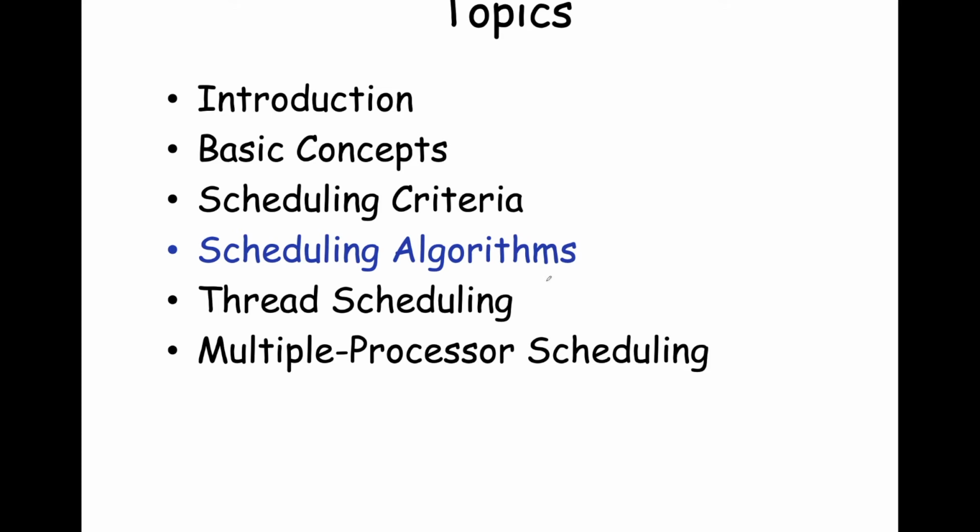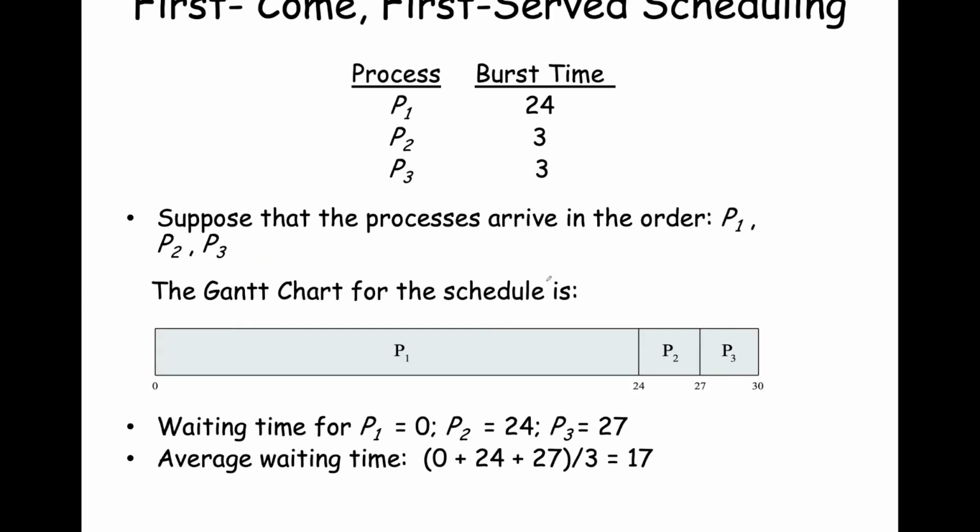So let's look at some of these algorithms. We'll start with a simple one, first come, first served, or FCFS. With first come, first served, as the name implies, the process that arrives first to the ready queue is the one scheduled for execution on the CPU.